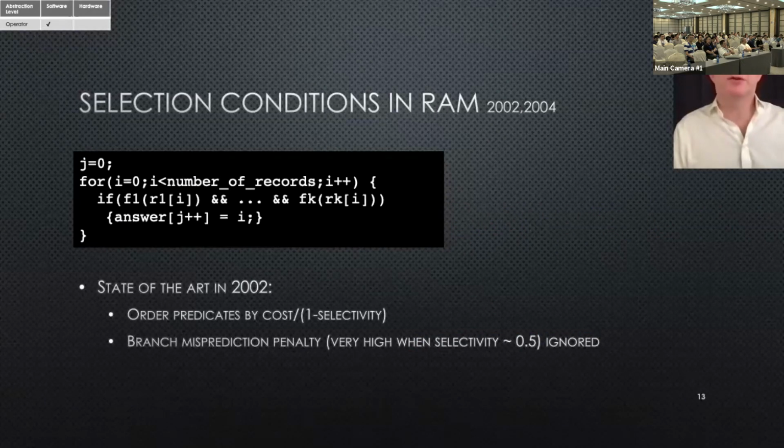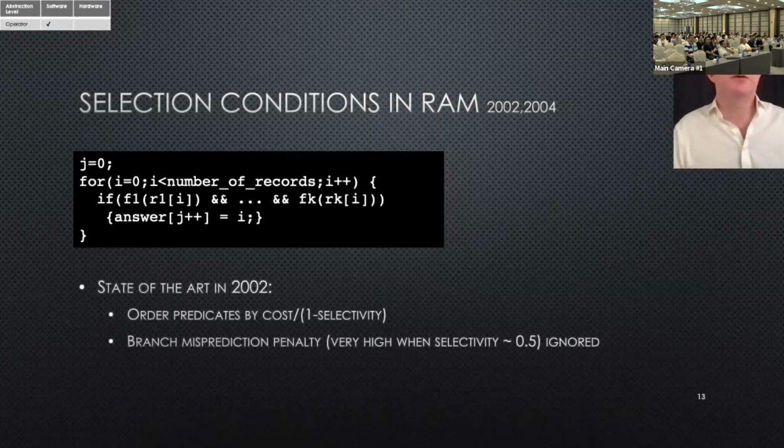If all of the conditions are satisfied, then an answer array will include the ID of the matching record. So what we can see here is that this for statement is iterating through all of the records.